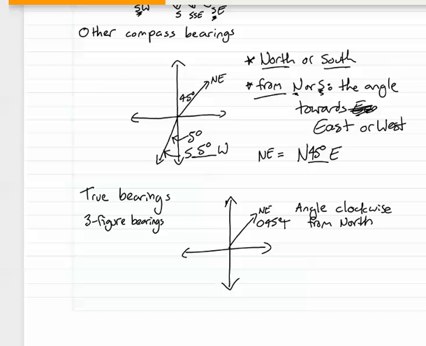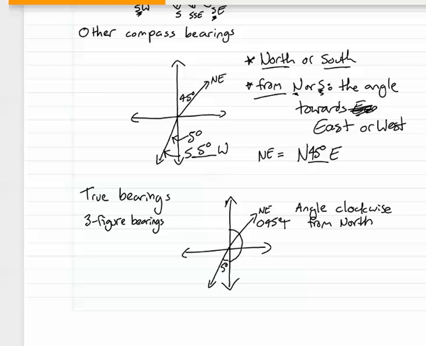And so if we had that same angle here, which was 5 degrees in there, which was south 5 degrees west, if I wanted to give that as a three-figure bearing, I'd know that was 180 all the way round from north to south, plus 5 degrees to keep going. This would be 185 degrees true.